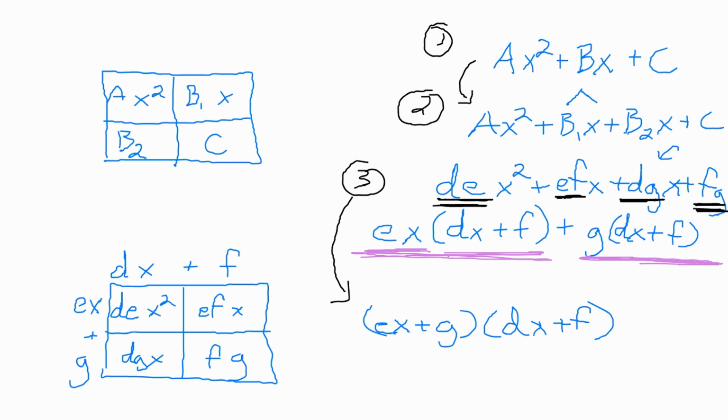And I'll show you why. This is just A. This is just C. A times C got you D, E, F, and G. And look here: D, E, F, and G.